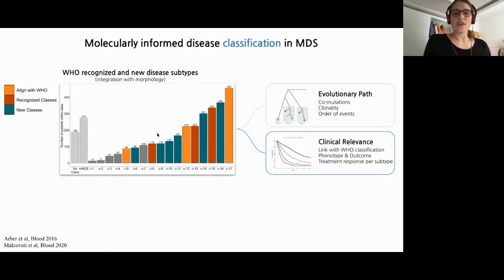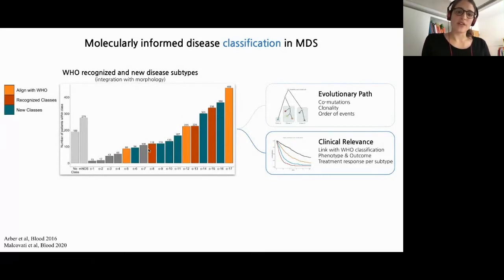But then the other classes range in size from only a few percent of patients to 15% of patients. Some of the classes really align with established WHO classes, as per their strong genotype to phenotype, or genotype to morphology, correlations. Some others are classes of genomic alteration already recognized by previous literature, such as complex karyotype.